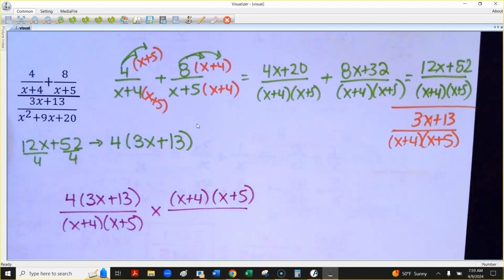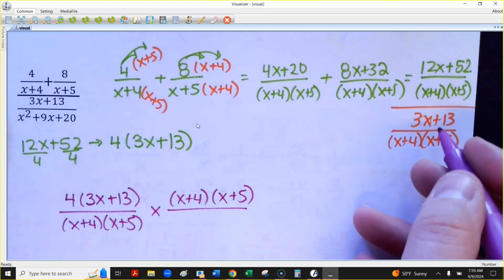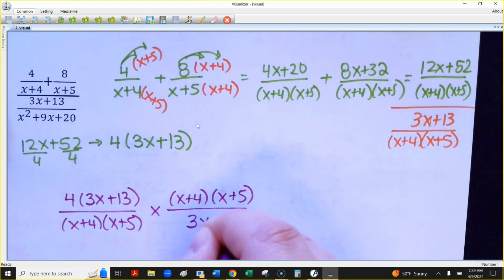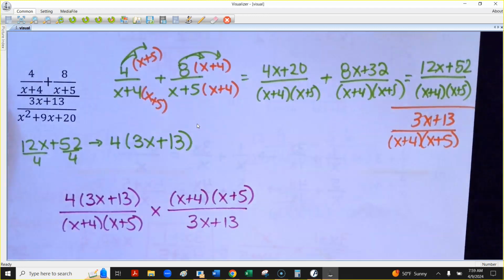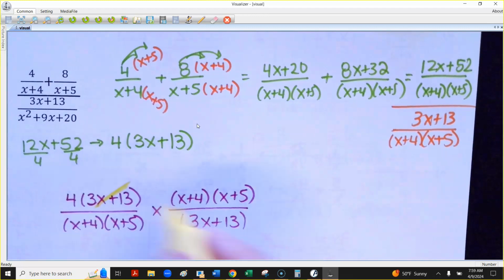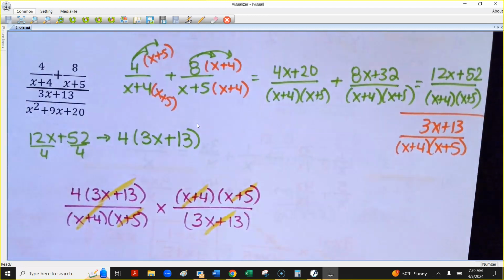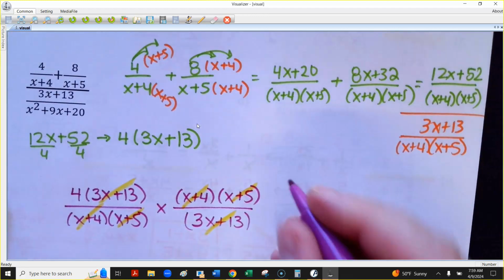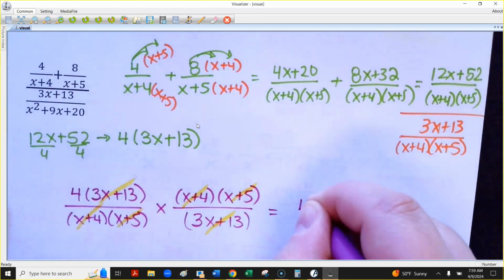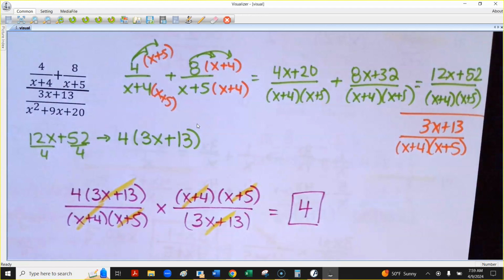So those are going to go. And then on the bottom, I have that 3x plus 13. That we can cancel as well when I took that greatest common factor. So literally everything cancels here except that 4 that we factored out on the top. So the answer here is just 4.